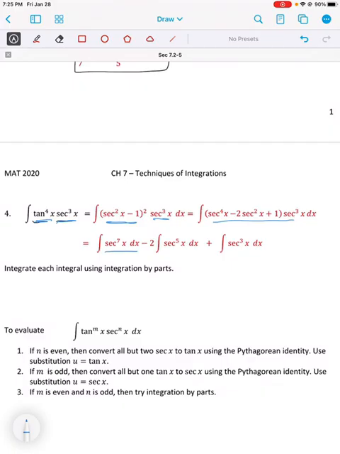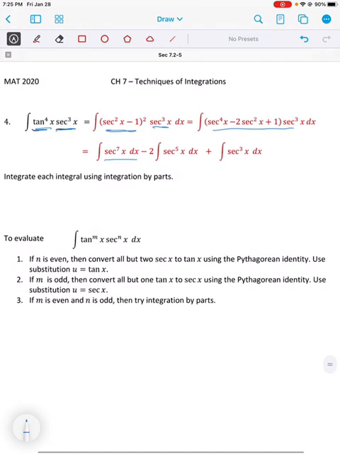And how do we tackle that? In the previous video, I showed you how to integrate secant cube x, how to integrate secant 5x, and I asked you guys to try doing secant 7x. So that is how you will be solving these and getting the answers.